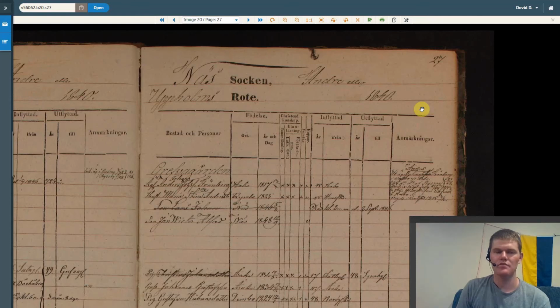That seems kind of silly to us that she's going backwards to a page. And so the thing is that the different page ranges are different villages, different farms, whatever you want to call it. And so if she moves to a village that is recorded earlier in the book, she'll move to an earlier place in the book. So it's not a problem that she's moving to an earlier page.